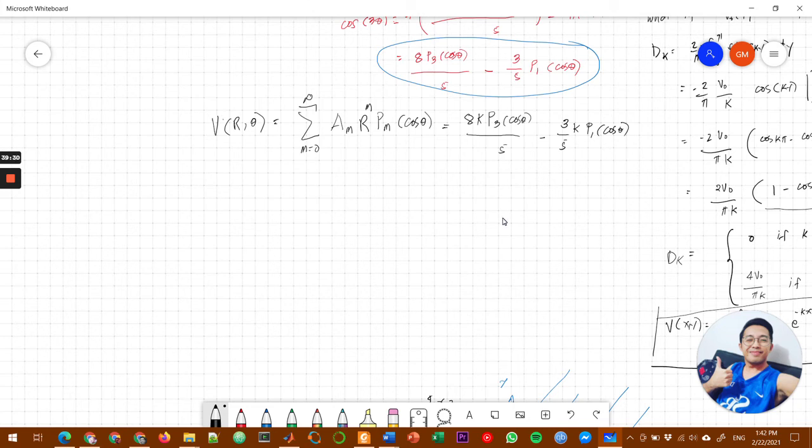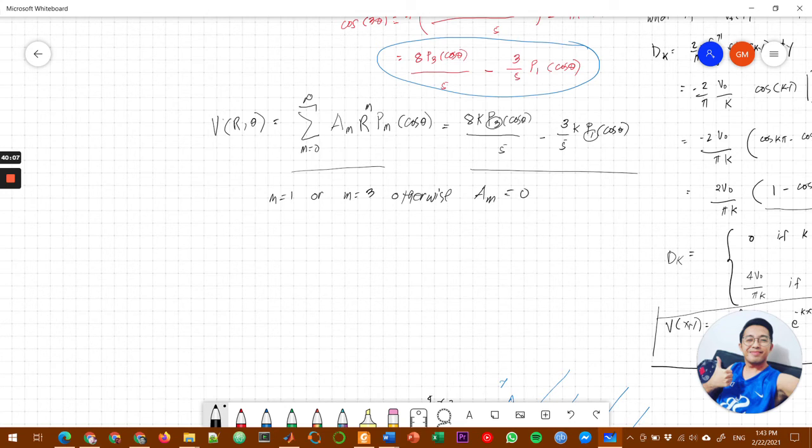Now in this case, if you look at the left hand side and the right hand side, maequate ra gyud na siya if, take a look at this, m. This can only happen if ang m nimo is either m is 1 or m is 3. Otherwise, wala kay value sa imuhang left-hand side. Otherwise, m is 0.